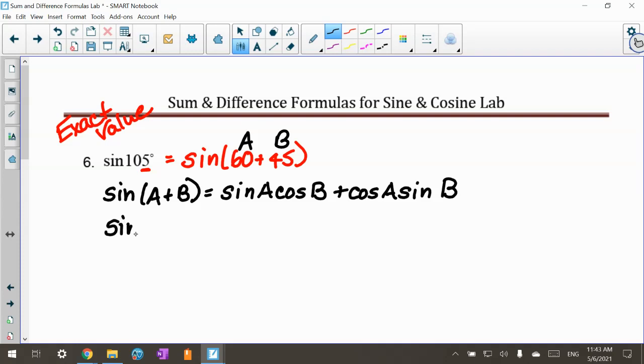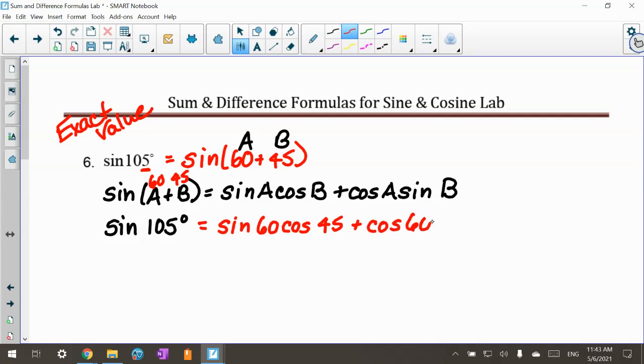So I have the sine of 105 degrees because that's what we're doing. 60 and 45 is going to equal the sine of 60 cosine of 45 plus the cosine of 60, the sine of 45.